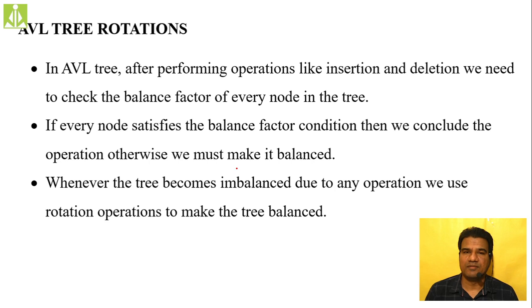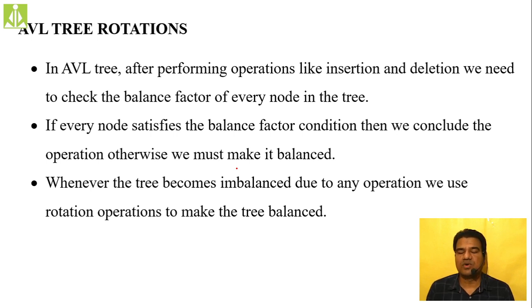See, if you have a tree, we should have the flexibility of inserting a new node, deleting nodes, performing search, performing traversals, isn't it? So all these things we can do on a tree. So on every tree we do these 4 types of operations: insertion, deletion, search, traversal.